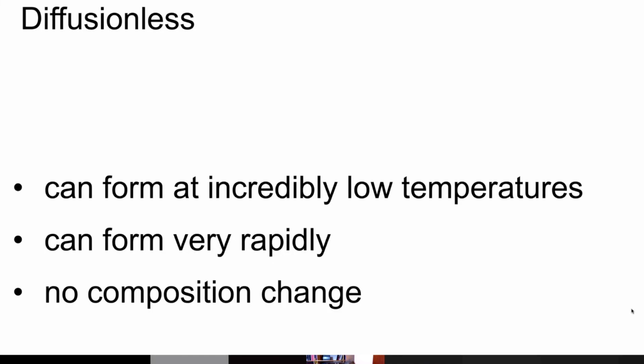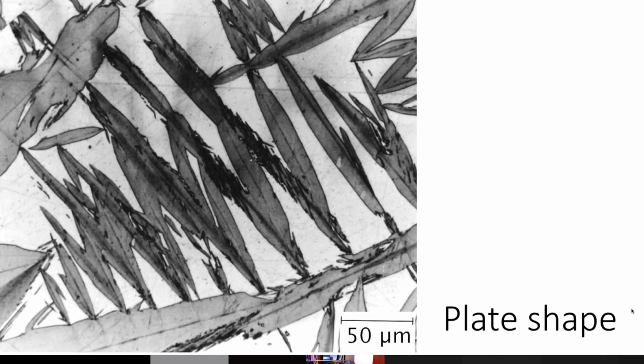What about the shape? Well, in books and other places, people call these needles, but that is completely wrong, okay? Because we are looking at a two-dimensional section. These are not needles, they are plates in 3 dimensions. If they were needles, then we would be able to see some cross-sections which are round, and we do not see any round cross-sections in this image.